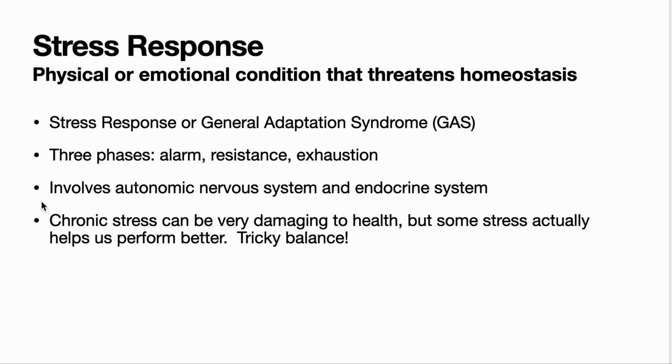And at this point, we may have used up most of our glycogen reserves during the alarm phase. And so what we're going to see during the resistance phase is a mobilization of the remaining energy reserves. So think your fat tissue and also some amino acids from skeletal muscle can be utilized to produce ATP as well.